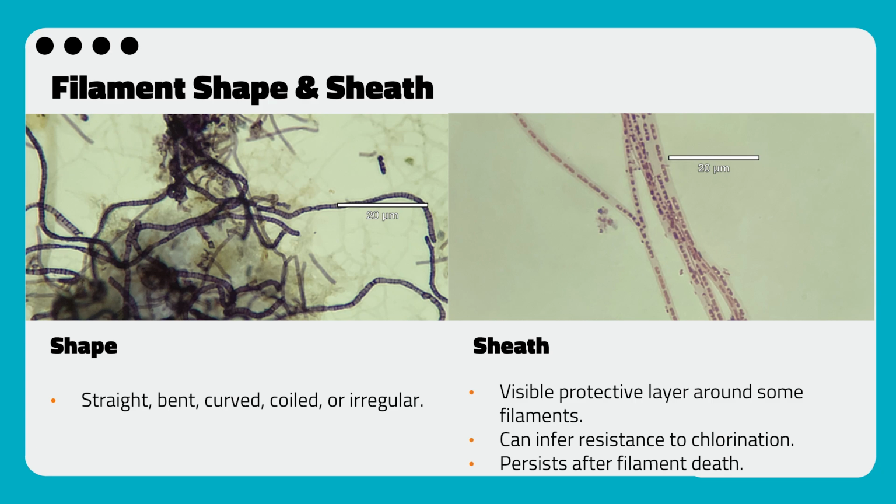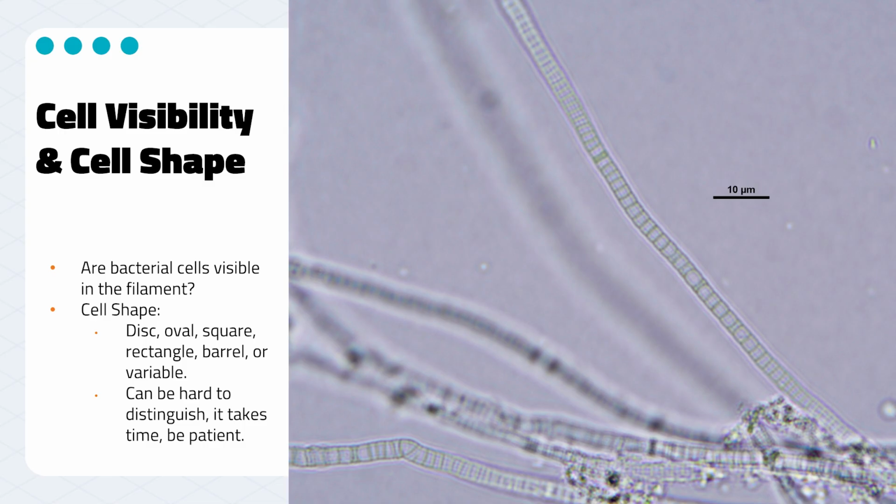We can clearly see that sheath here in this image. The sheath is relevant primarily because only so many filaments will have a sheath, so it's a strong identifying feature. But also these sheaths can interfere with chlorination or treatment, and they can also persist after the filament death and cause some of their own issues.